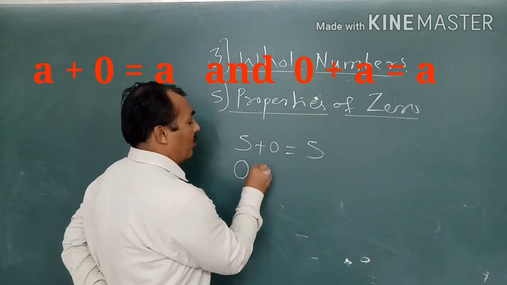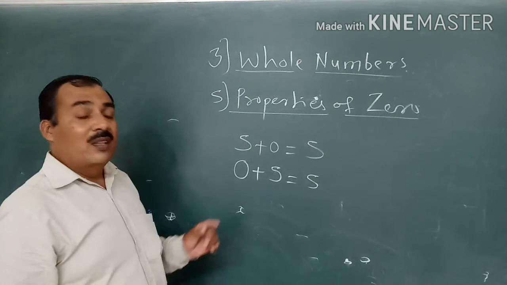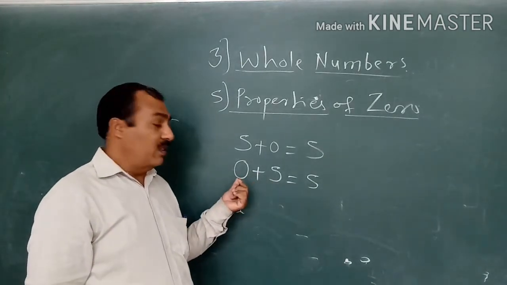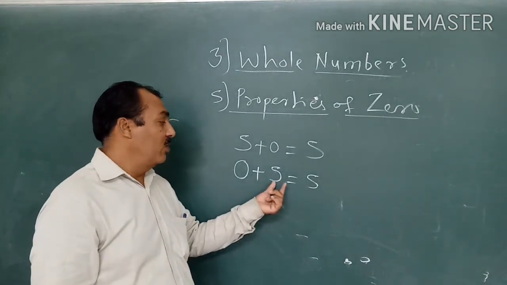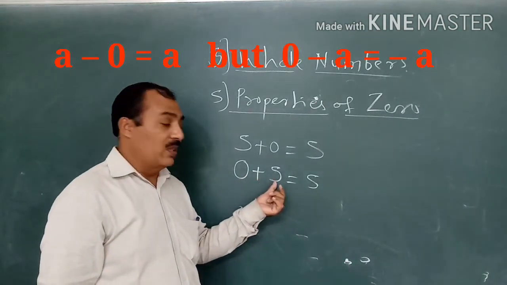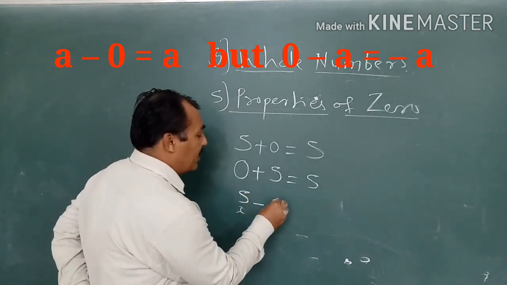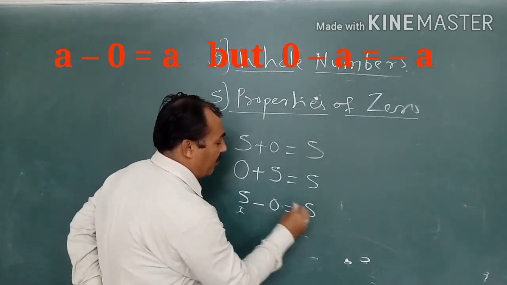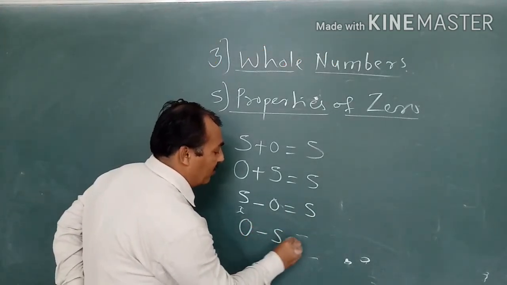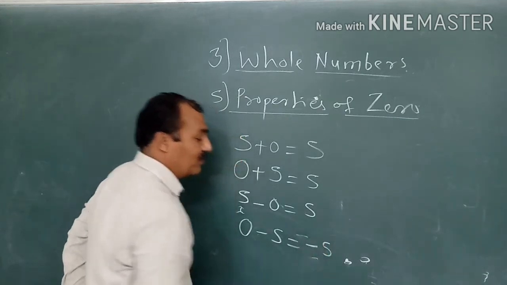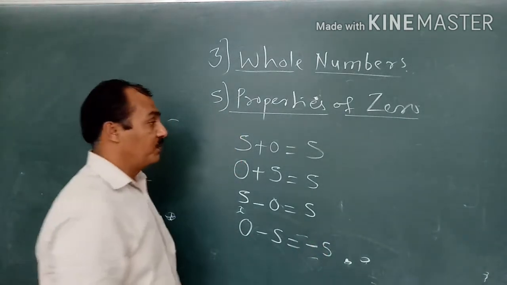Or 0 plus 5 is equal to 5. Or when any number is added to 0, then also we get the same number. 5 minus 0 is 5. But 0 minus 5 is minus 5.